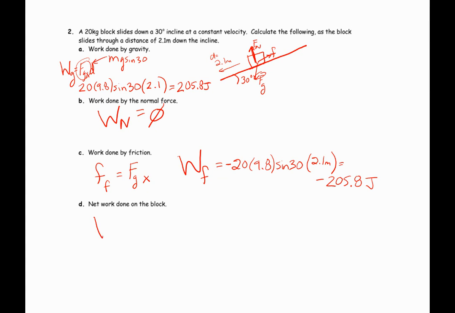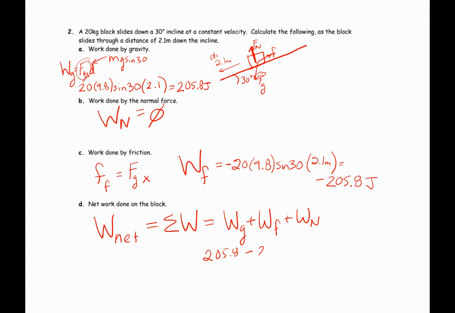So what's the net work done on the box or the block? Work net is the sum of all of the works. So that is going to be equal to the work due to gravity plus the work from friction plus the work normal. Work due to gravity is 205.8, and then work done by friction is negative 205.8, plus 0. And that's going to end up giving you 0 joules.